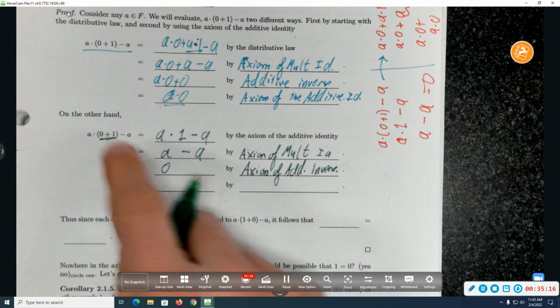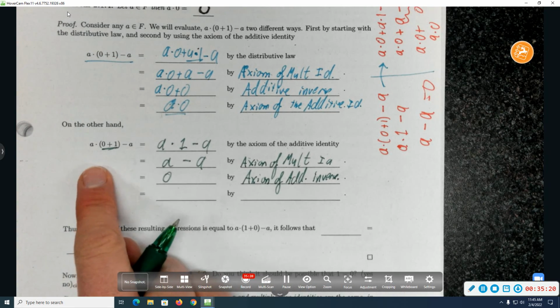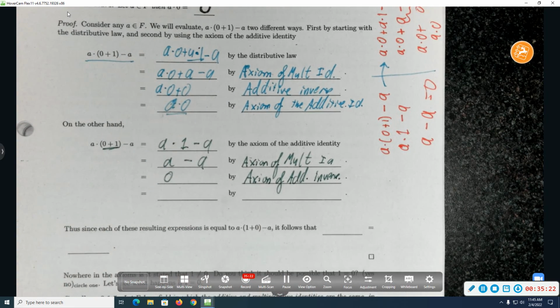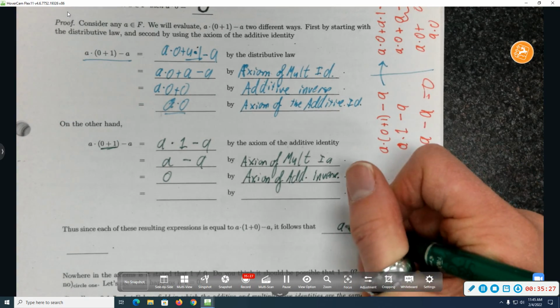So since this expression was equal to both A times 0 and 0, we conclude that the two things are the same. A times 0 is equal to 0.